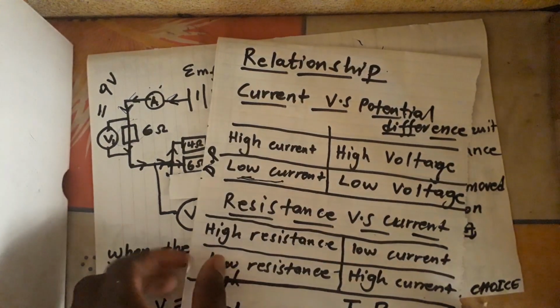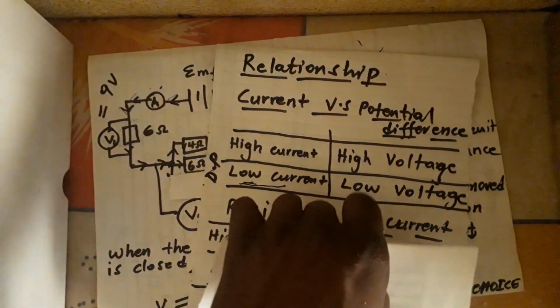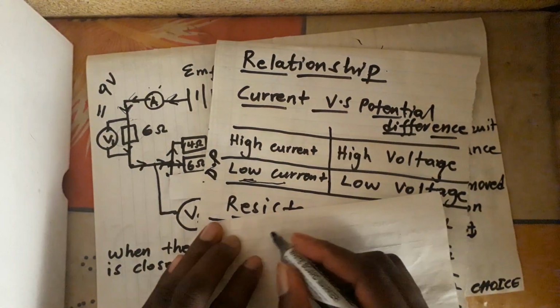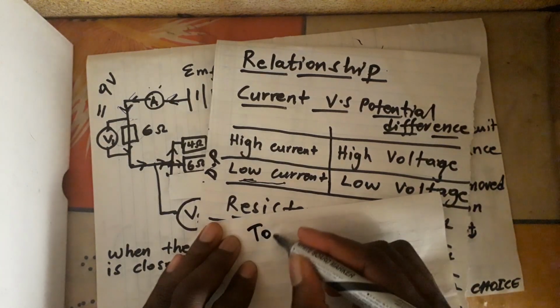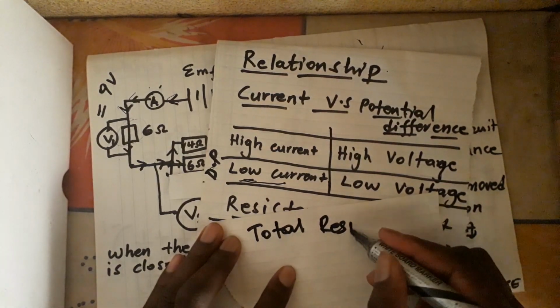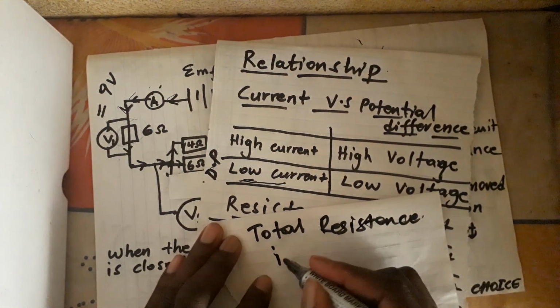So in other words, when you explain this question, you are going to say, if we remove that resistor, number one, the total resistance increases.